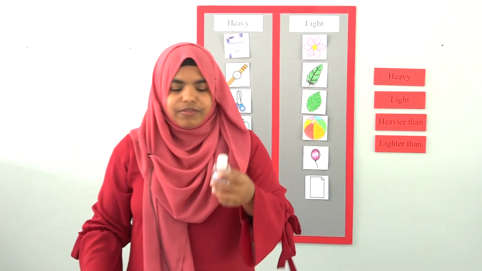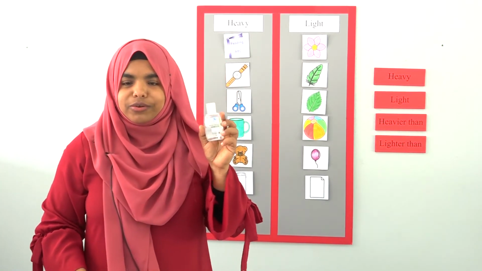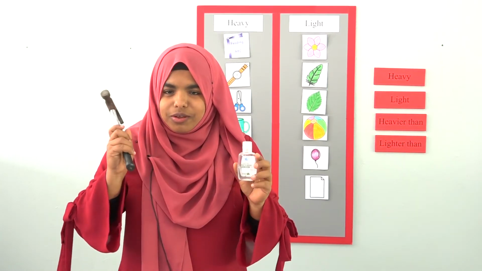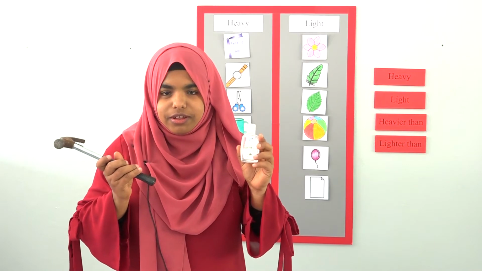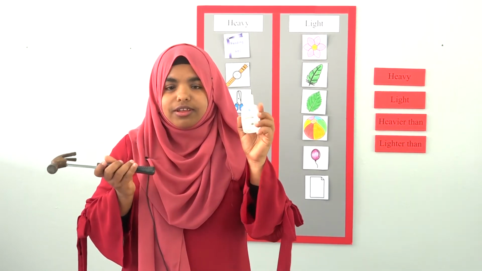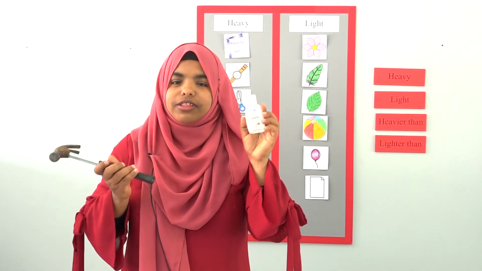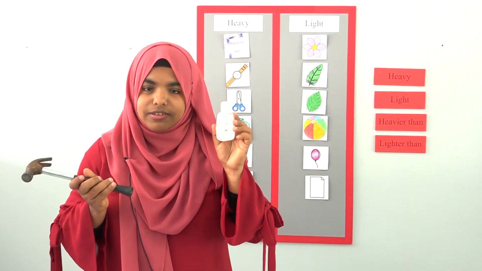Next, I have a small sanitizer bottle and a hammer. What do you think? Which one is heavier? Yes, it's the hammer. The hammer is heavier than this small sanitizer bottle.